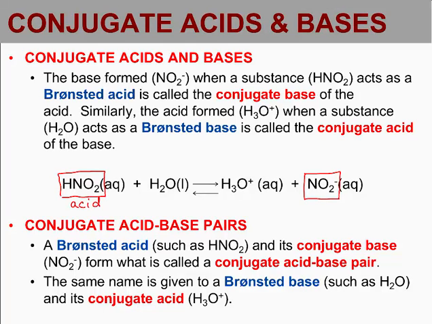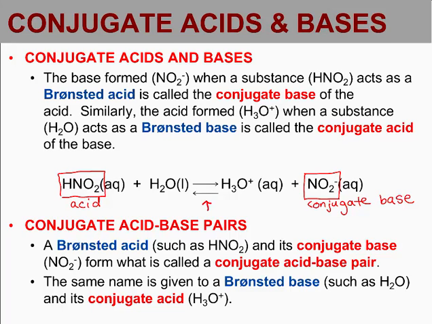So we would call the product a conjugate base. Now, the reason that it's a base is because it could now accept a hydrogen ion, because we could go in the reverse direction. We have a double arrow here. So NO2- could grab onto a hydrogen ion and reform HNO2. So we call that a conjugate base.